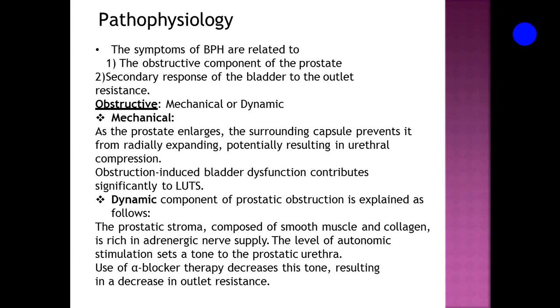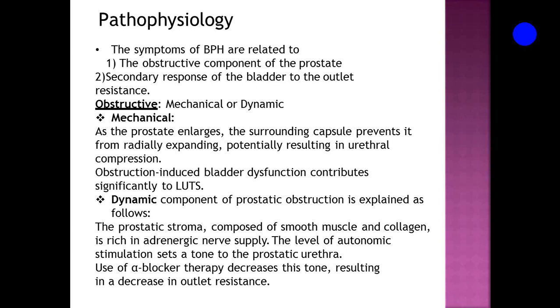For the mechanical one, as the prostate enlarges, the surrounding capsule prevents it from radially expanding, potentially resulting in urethral compression, obstruction, and induced bladder dysfunction, which contributes significantly to lower urinary tract symptoms.